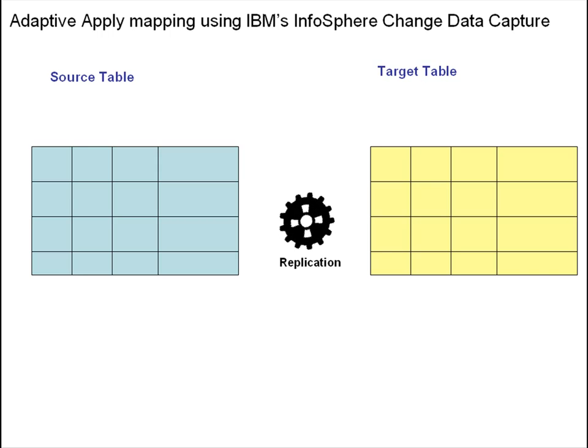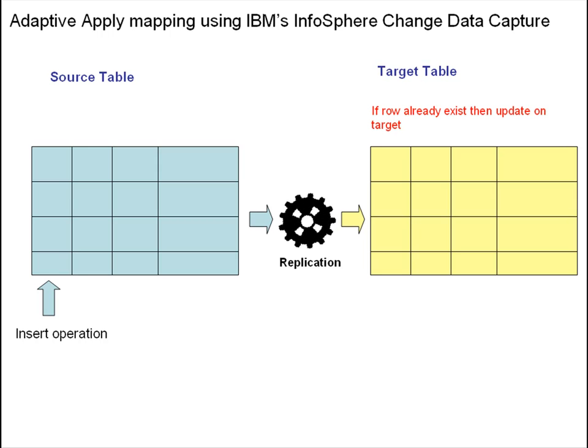Typically, say for example, we have a primary key as a replication key configured in the table mapping, and if the same primary key is already available in the target, in case of adaptive apply, the insert operation on the source results in an update operation on the target. The insert operation on the source is converted to an update operation, applying the most recent values of the other columns of the record which are changed in that particular operation.